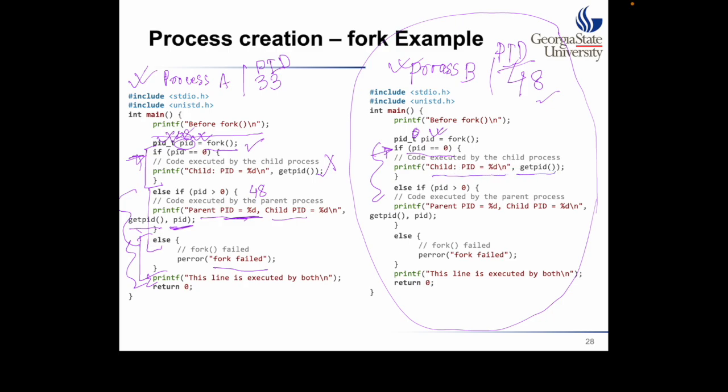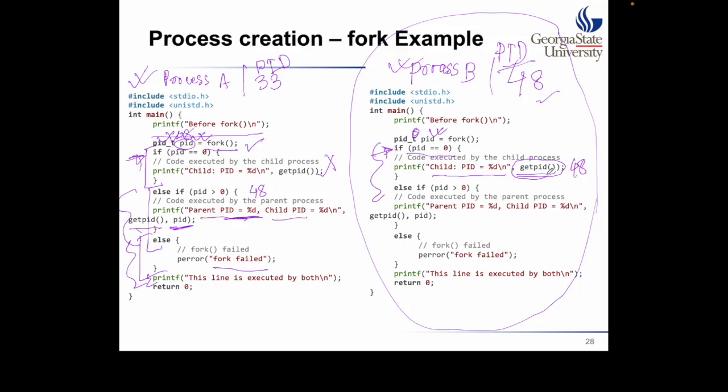We have to keep in mind that whenever a process calls this system call getpid, get process ID, the operating system will return the actual process ID for the calling process. The actual process ID for this calling process is 48. So 48 will be printed. But please note, this PID is 0 for this process.